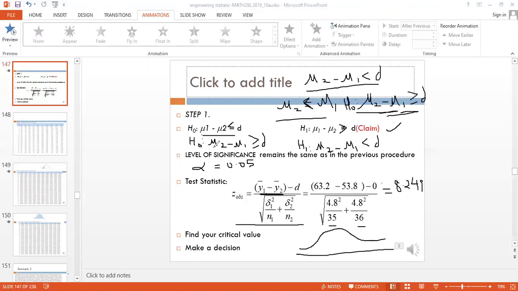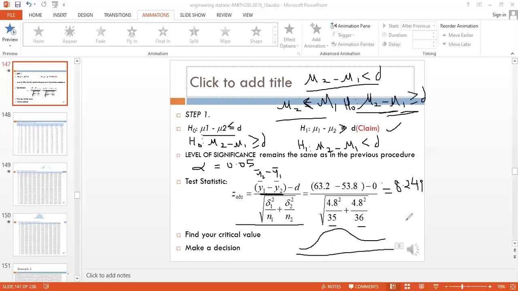But if we have mu2 minus mu1, then you should rather have y2 bar minus y1 bar. And then this should be sigma 2 squared over n2 plus sigma 1 squared over n1. Anyway, addition is commutative, so that doesn't matter. But the numerator will matter a lot, because y1 minus y2 will not be the same as y2 minus y1.